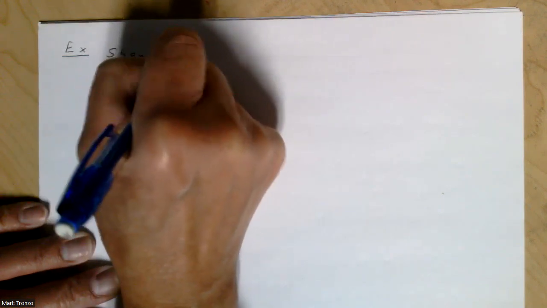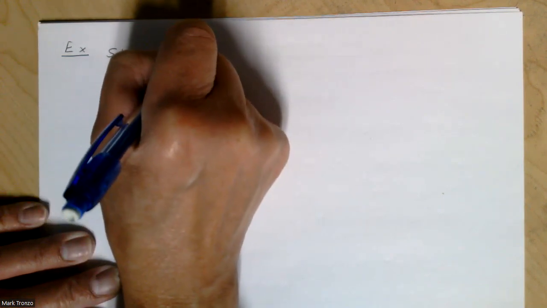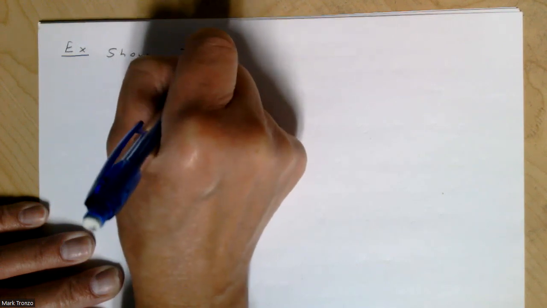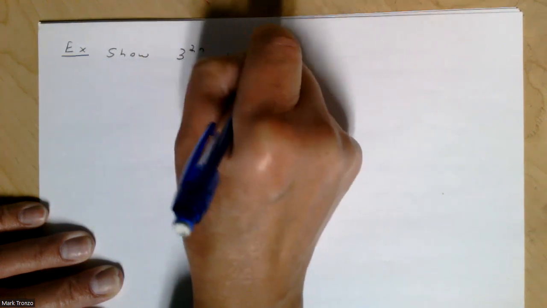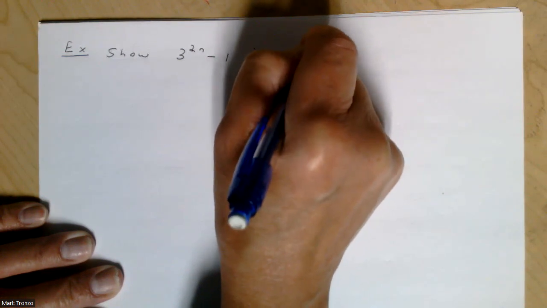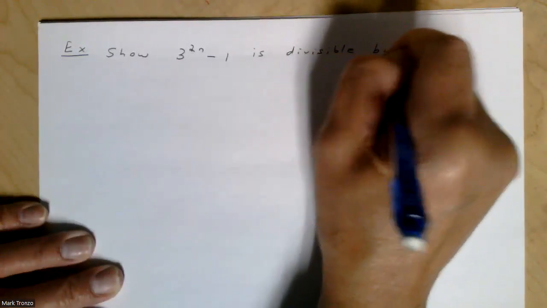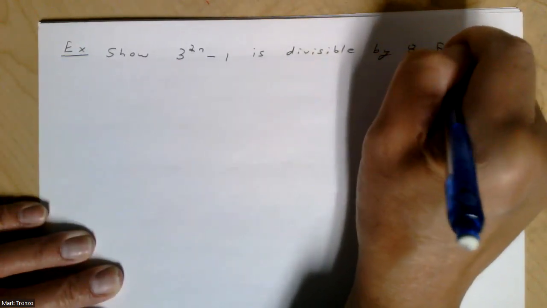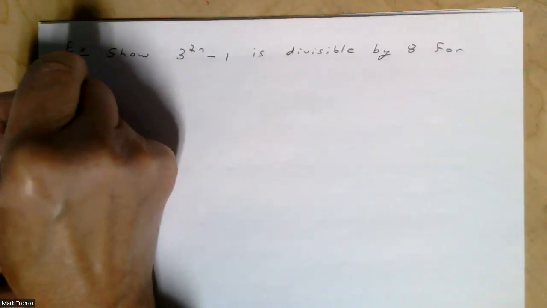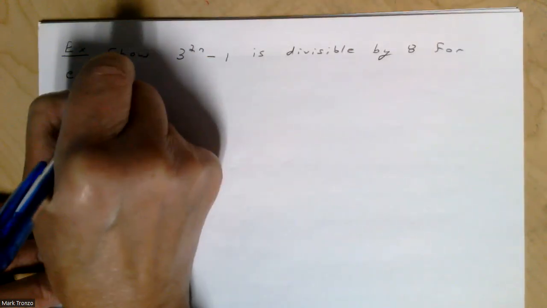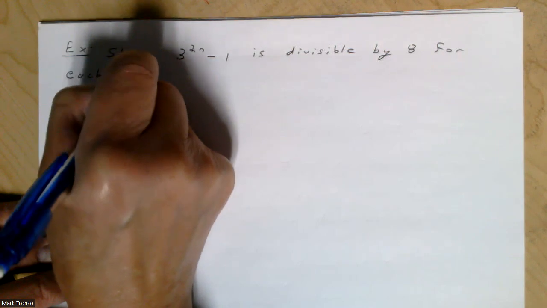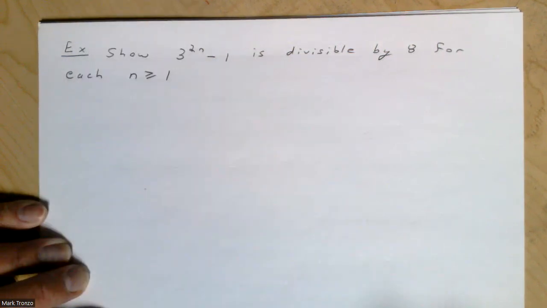Show that 3 to the 2n minus 1 is divisible by 8 for each n greater than or equal to 1.